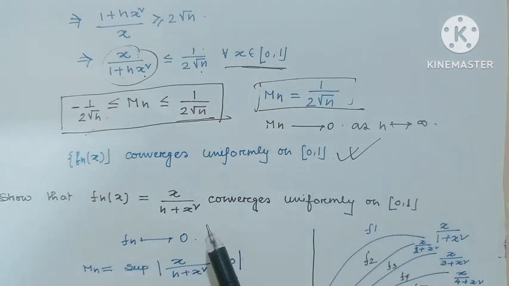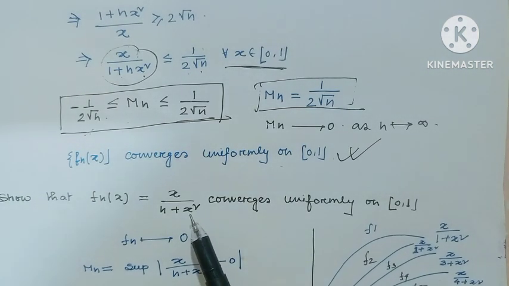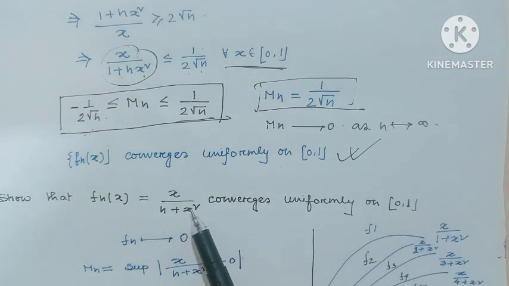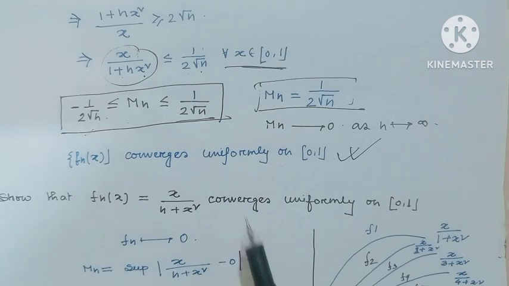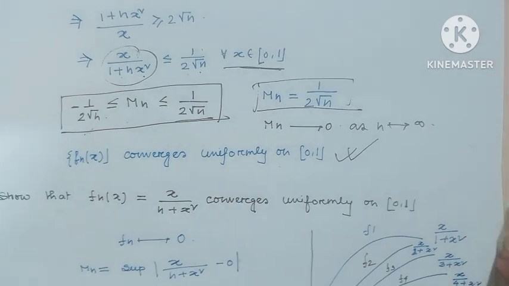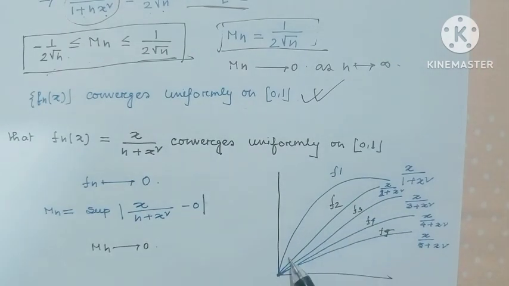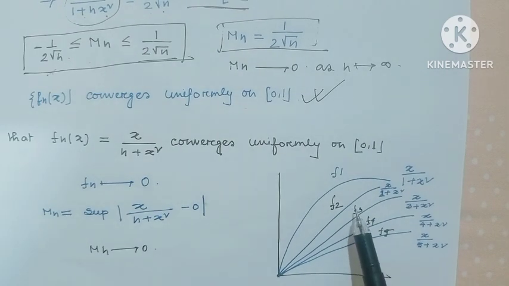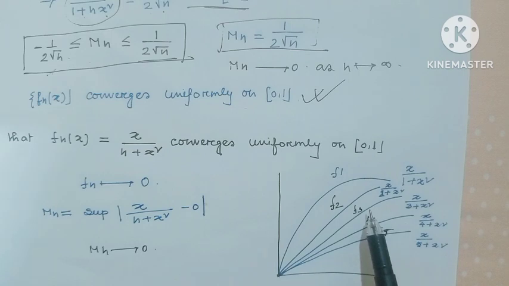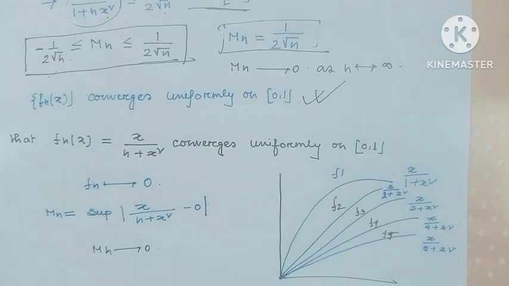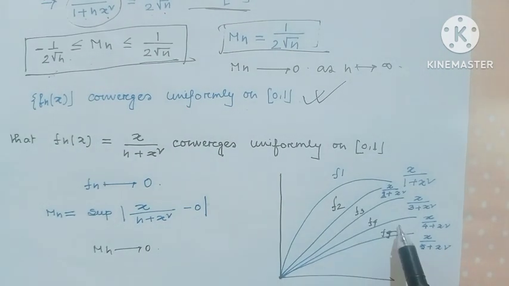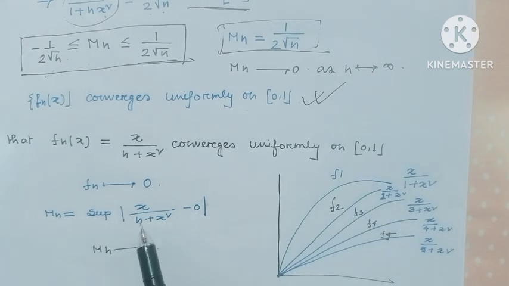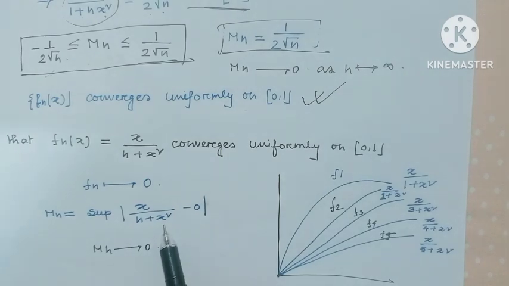Next, consider this sequence of functions fn(x) equal to x over n plus x squared. This converges uniformly because this is f1, this is f2, this is f3. Notice this sequence of functions is monotone decreasing. Here fn goes to 0. Since this is monotone decreasing, Mn equals the supremum of x over n plus x squared.